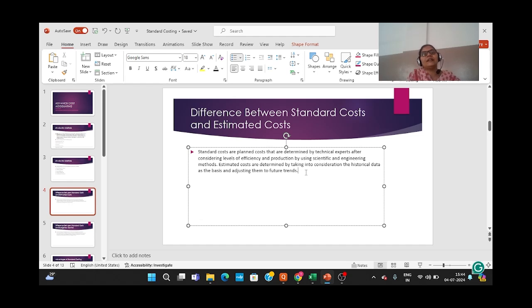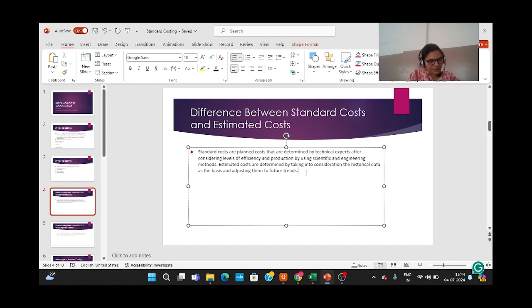Estimated costs are not entered into books of accounts, but standard costs are entered into books of accounts. Estimated cost may be fixed for a business as a whole or a division. It can be for a business or for a department. But standard cost is fixed for each and every element of cost.